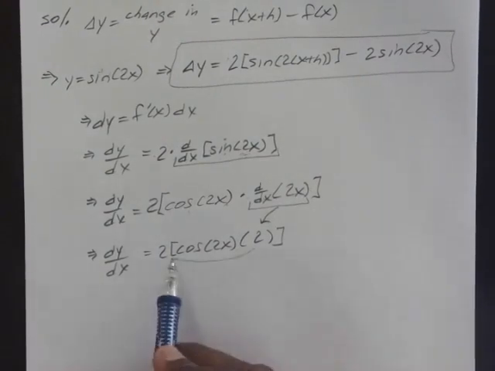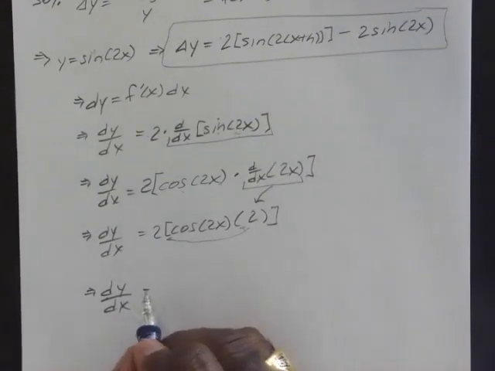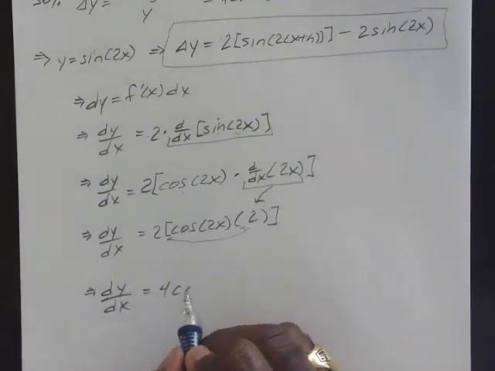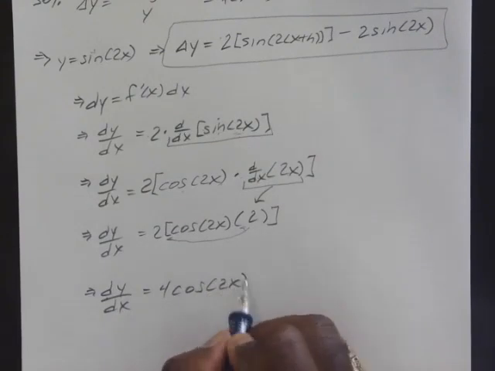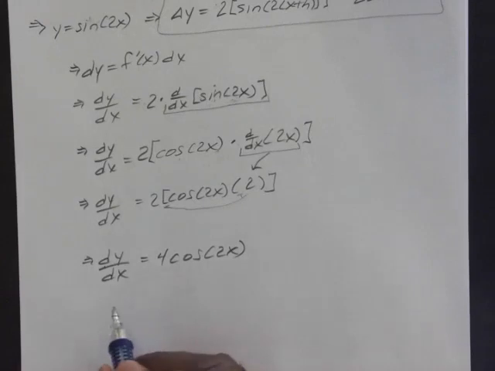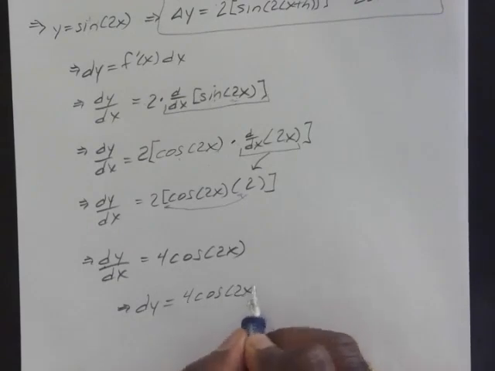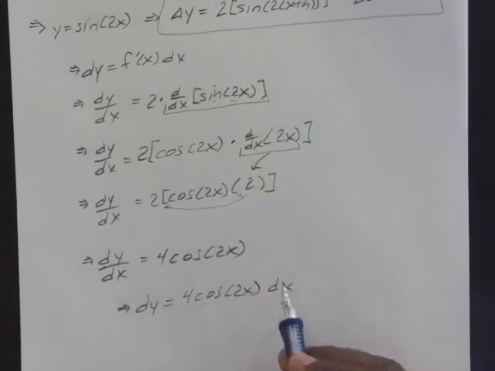So we can go ahead and just multiply these two together. So dy dx is equal to 4 times cosine of 2x, which means your dy is just equal to 4 times cosine of 2x dx.